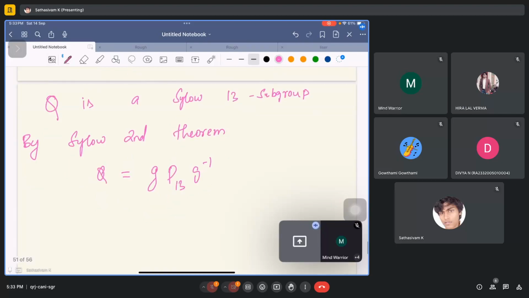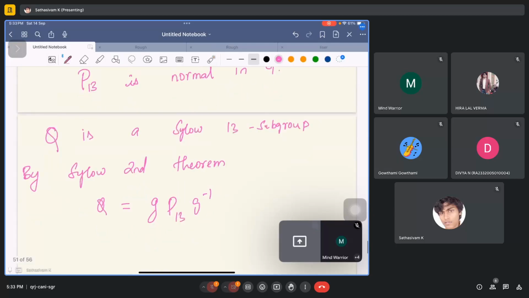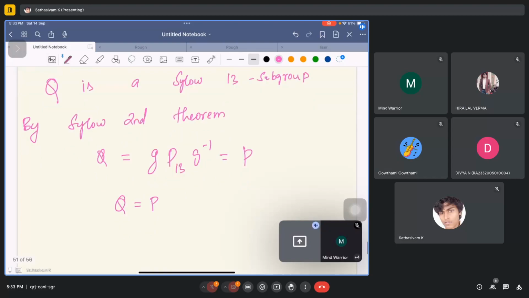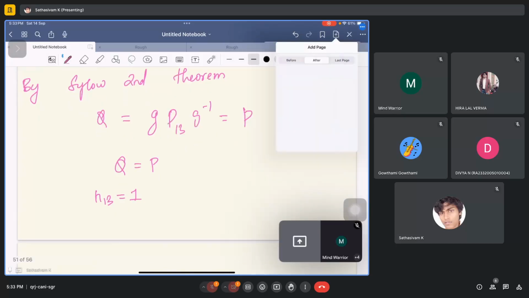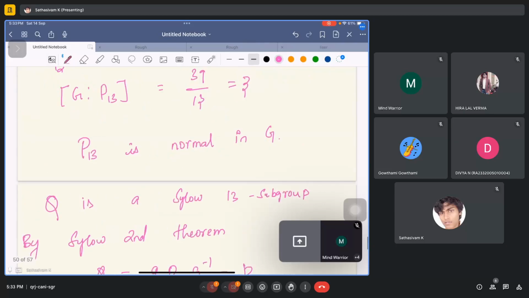But P13 is normal. So what we get is Q equals P13. So what we have proved is that N13 is basically 1.